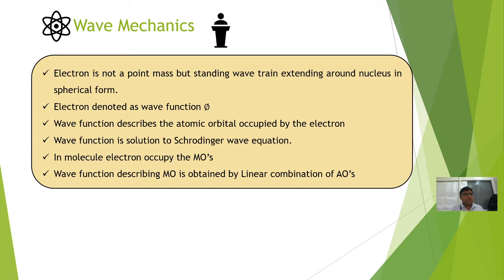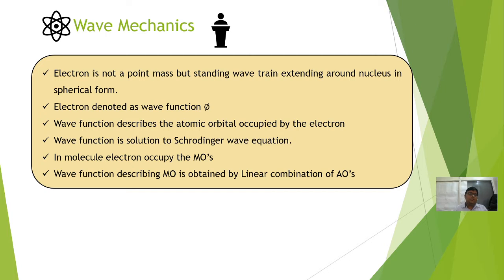So what does quantum mechanics tell us? The electron is not a point mass but a standing wave train extending around a nucleus in spherical form. Wave mechanics tells us that the electron is not a point mass, but it is continuously revolving around the nucleus like a wave train.